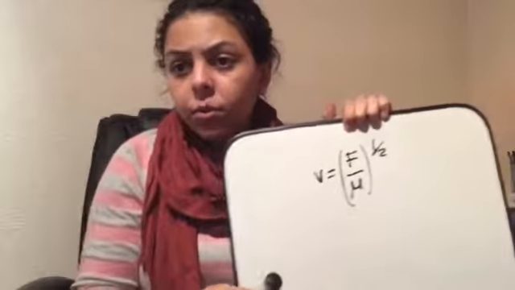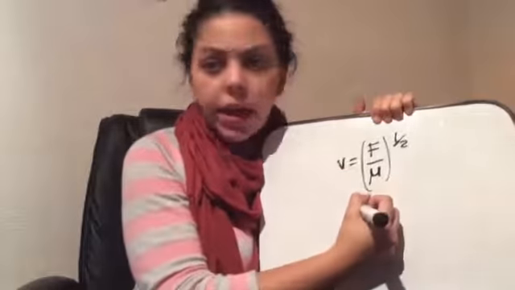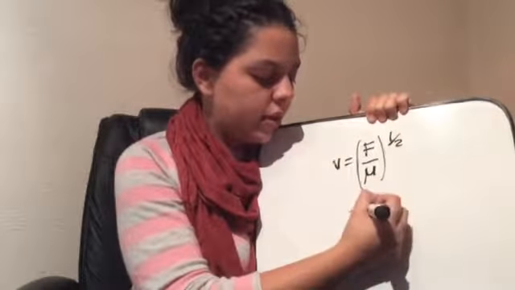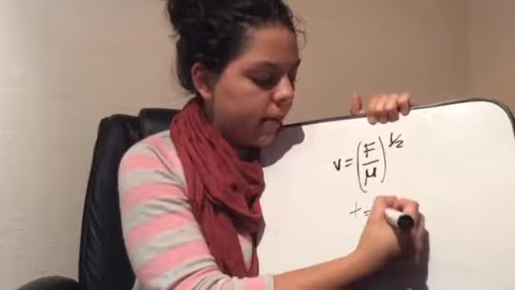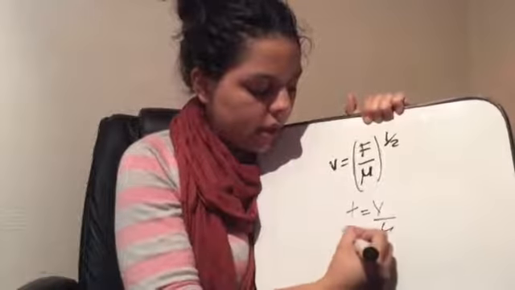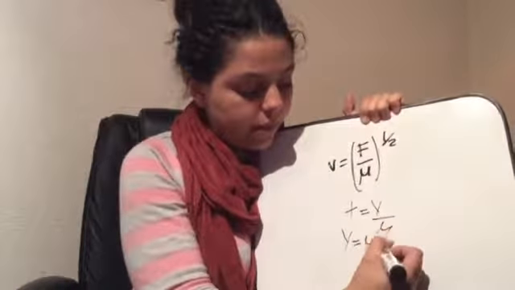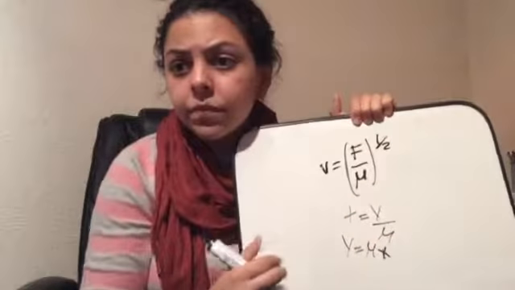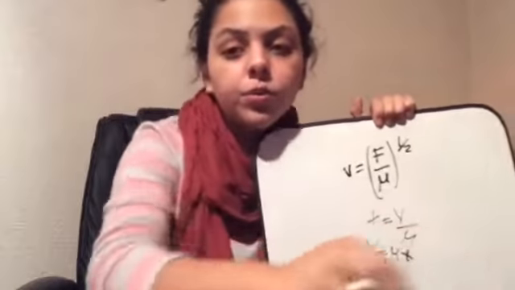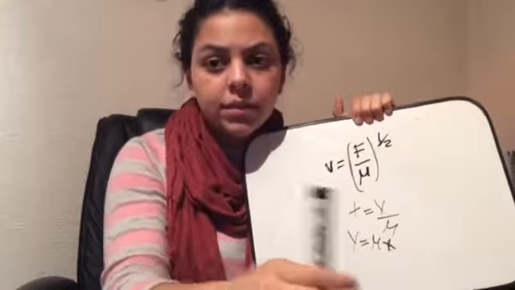If we apply the following change of variable where y equals F and x equals v squared, so that we have x equals y divided by mu, so that y equals mu times x, which is a straight line, such that the graph of these new variables y and x are of the type y equals mx plus b.